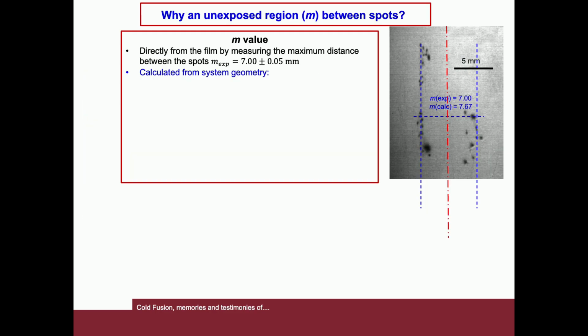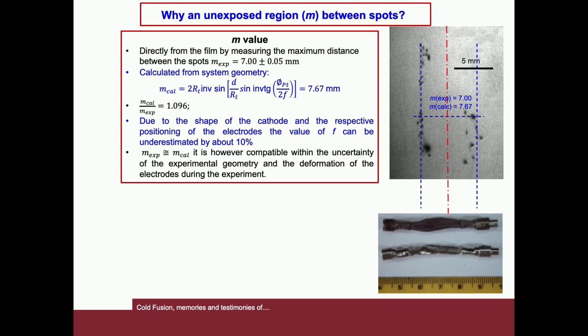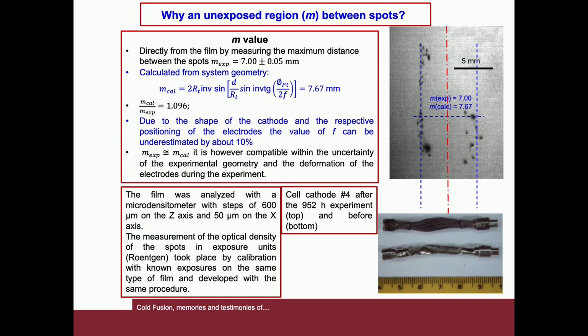Why an exposed region between spots? As we have already seen, the measurement of the exposed area between the spots made directly on the film is 7 mm. The calculation can be made from the geometry of the system, and the value of 7.67 mm is obtained.